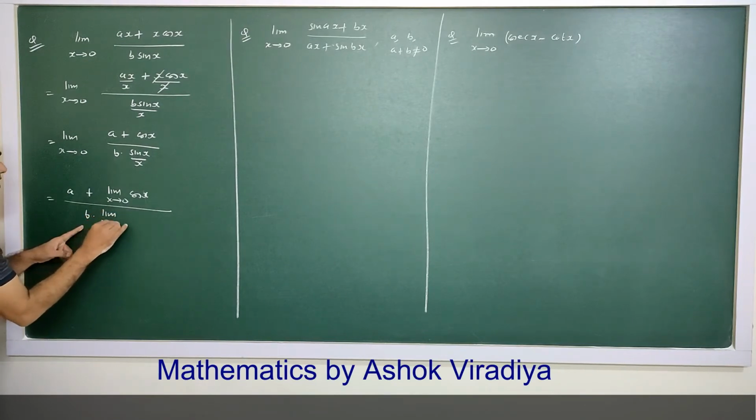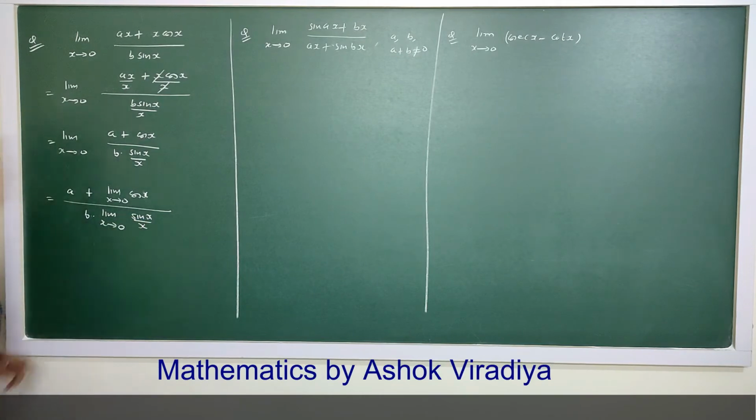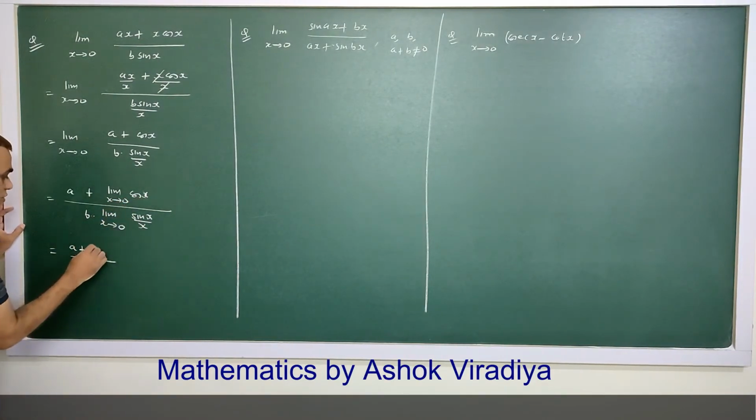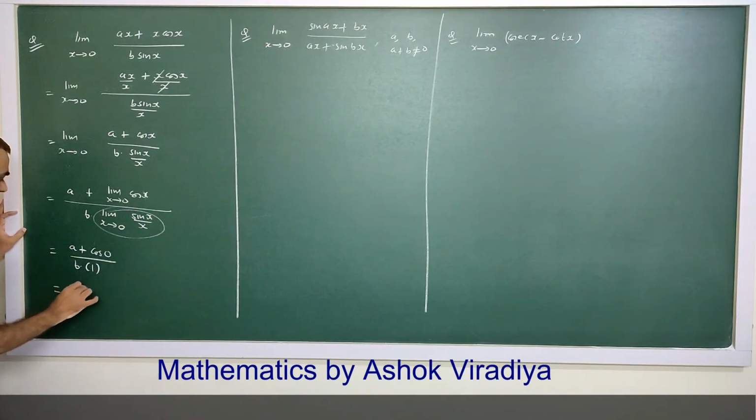That means apply the limit individually. This is the distribution of limit in simple words. So that is a plus, now put x equal to 0, cos 0 upon b into 1. This is 1. So it is a plus 1 upon b.